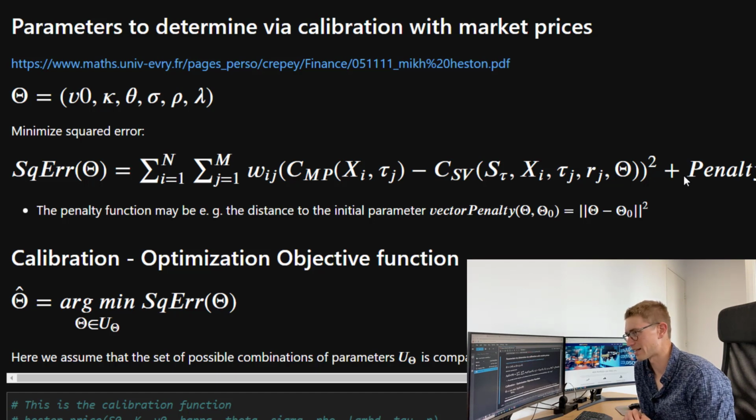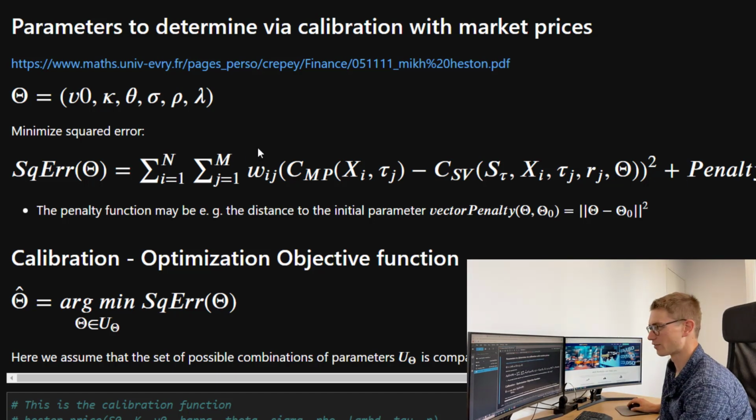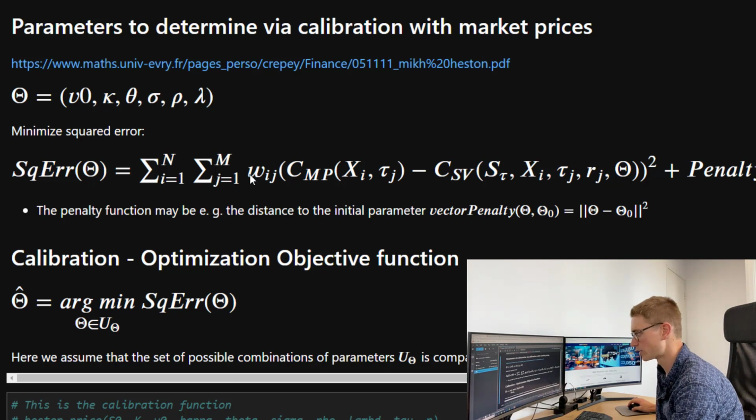All of the strikes and tenors that we've chosen on those index options are quite liquid, and essentially I'm going to weight them all the same. So it's just going to be 1 divided by n times m, for every market price. Here I'm taking the market price, calculating the Heston price with a set of parameters that we have, and then I'm going to square it, and we're going to take the sum over all those squared errors.